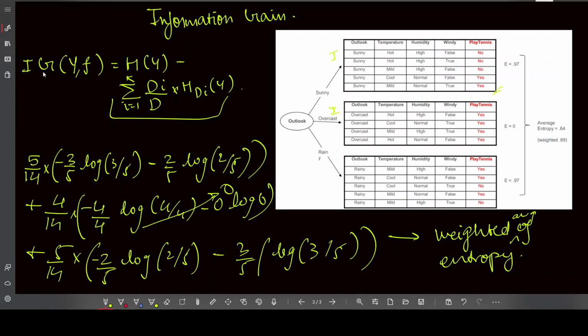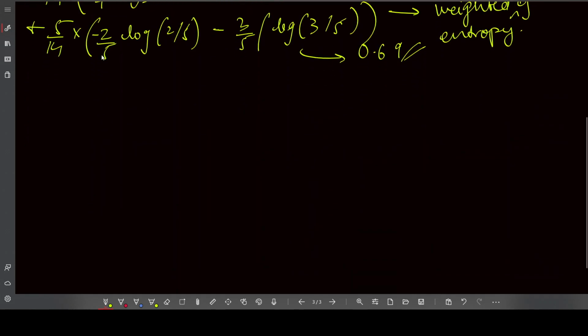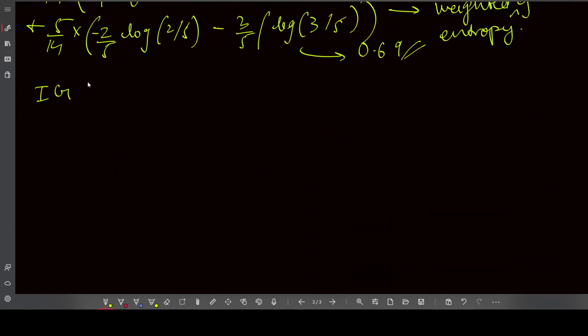So if you just simplify this and calculate it, you get the value of this entire thing as 0.69. Okay, that's the value that you get. So my information gain for the output or the response variable y given the feature outlook is basically 0.94 minus 0.69.